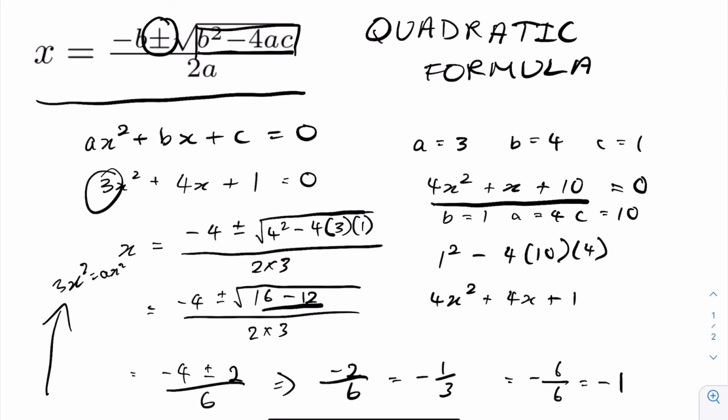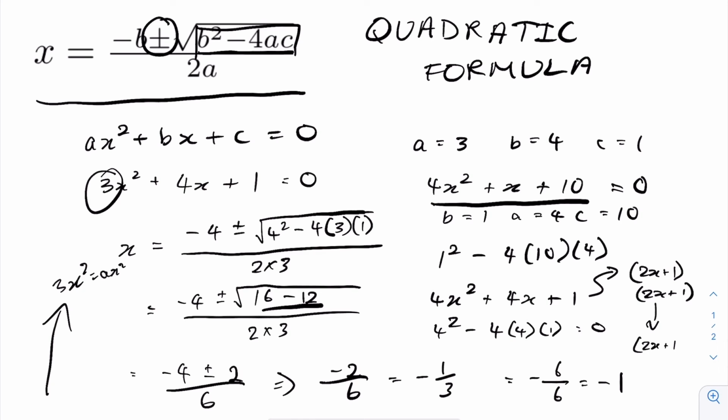Well, b is 4, a is 4, and c is 1. So it'd be 4 squared minus 4 times 4 times 1, which is equal to 0. And logically, we can factor this to give us 2x plus 1 times 2x plus 1, which means it's a square. So we can write this as 2x plus 1 squared.